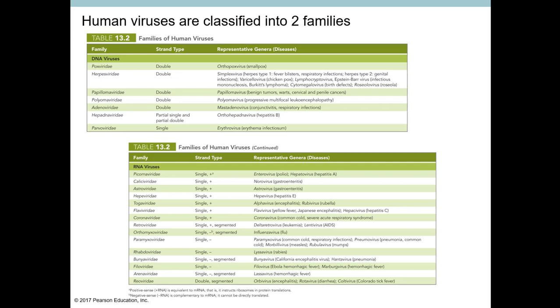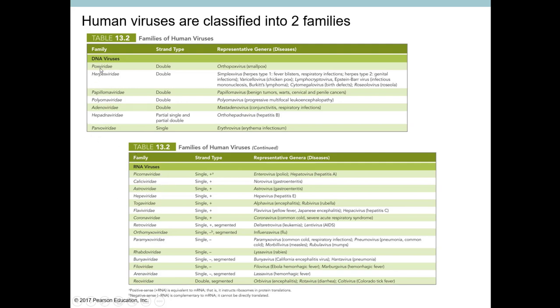Now, human viruses are really split into two families. We use the term families. And the two families that I want you to pay attention to, I mean, you don't need to memorize all these names. These are the names of the families.